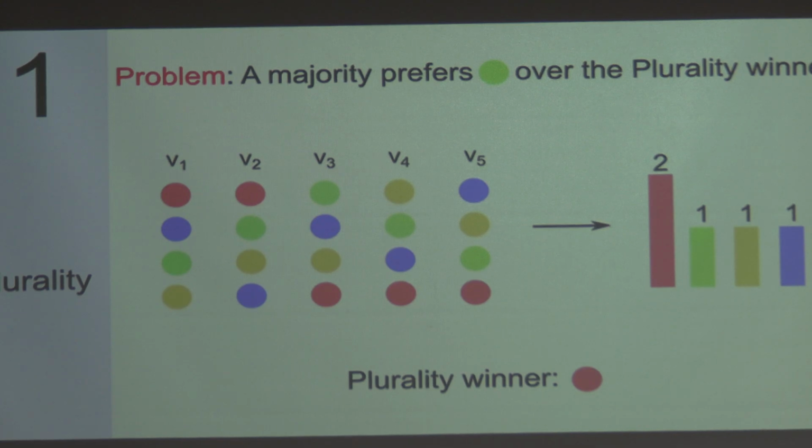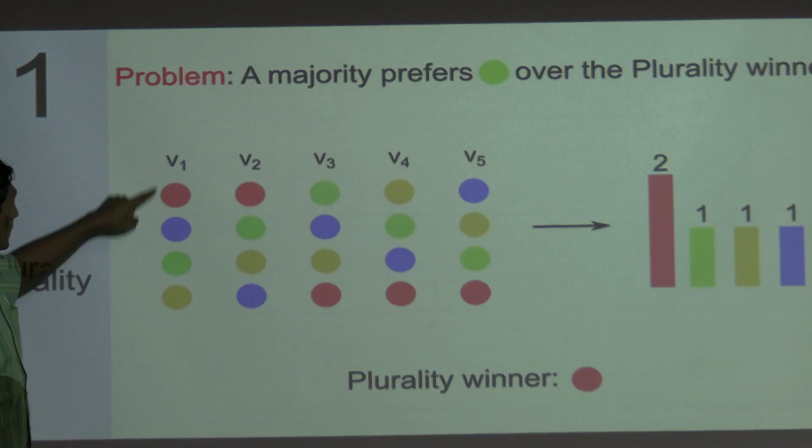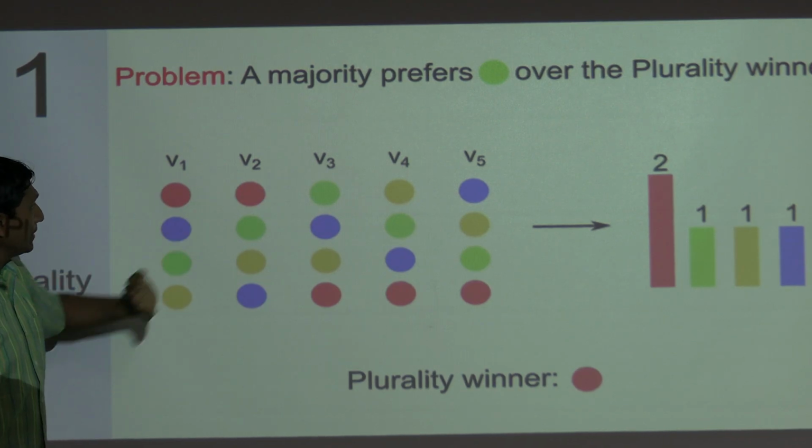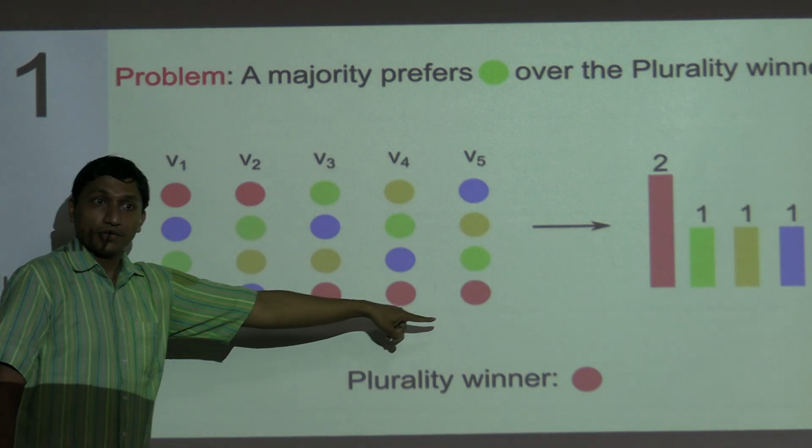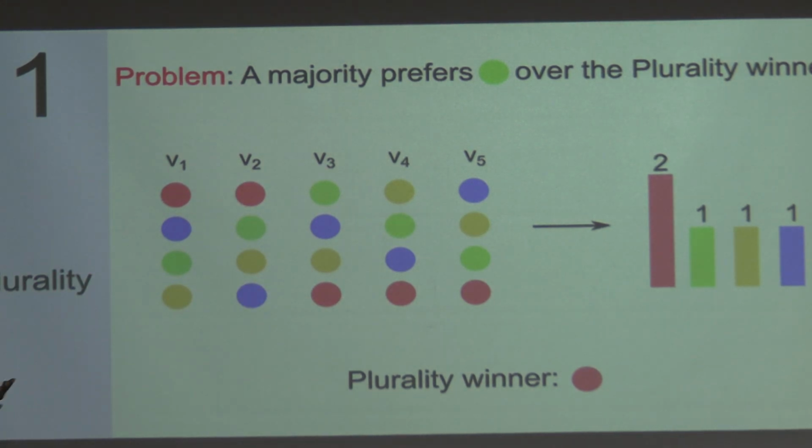But if you look at how the voters compare red with, let's say, green, right? So V1 and V2, they both prefer red over green, but all the other voters, they prefer green over red. So more than 50% of your electorate, they dislike the winner that you have chosen using plurality. They'd rather have green as the winner.